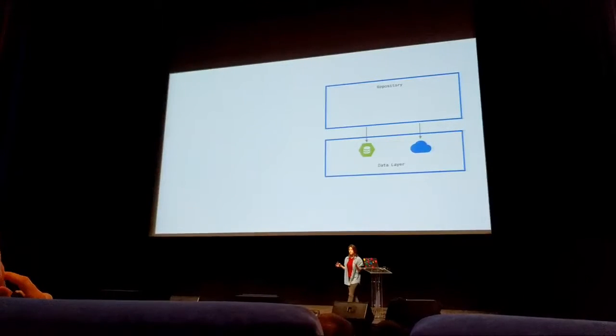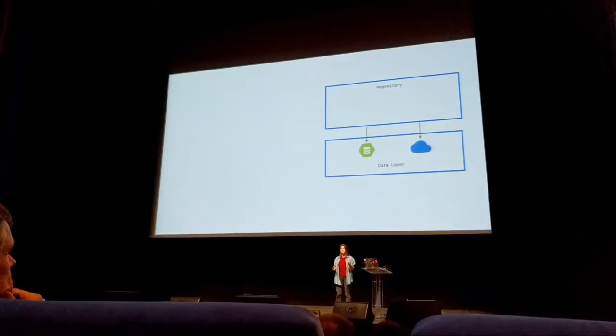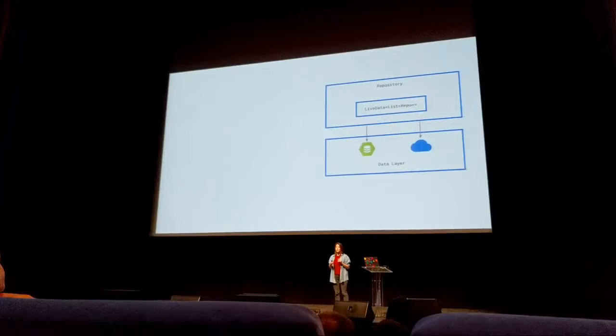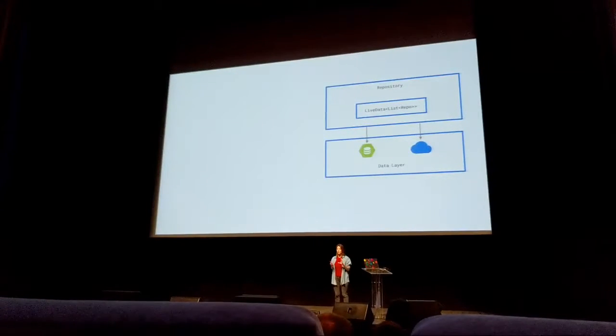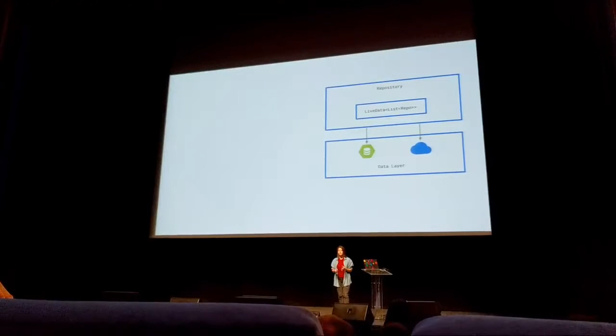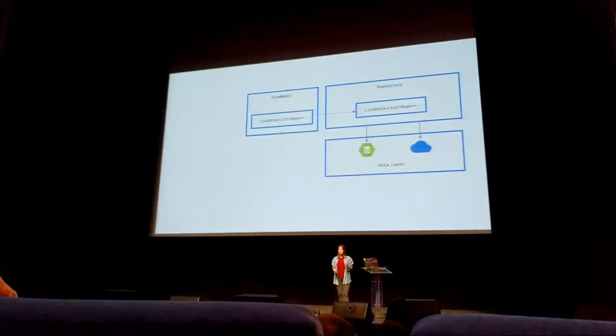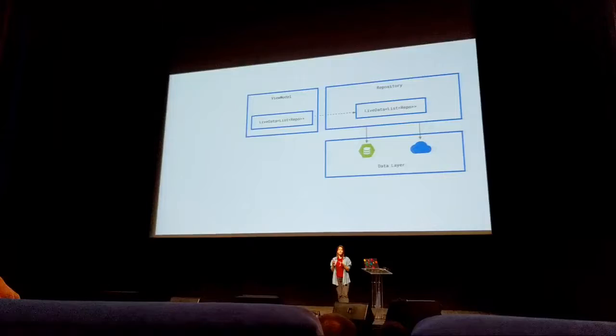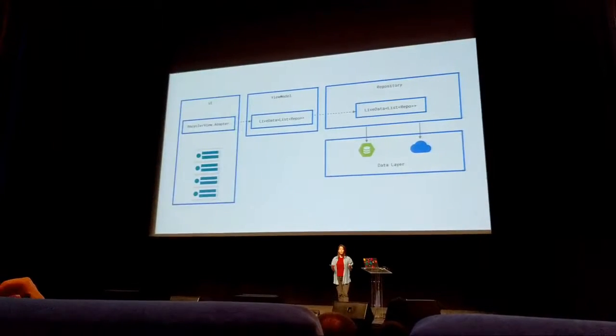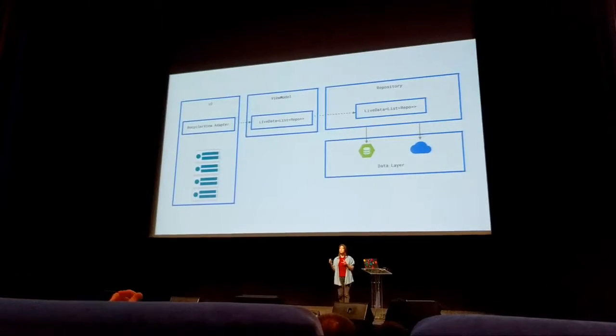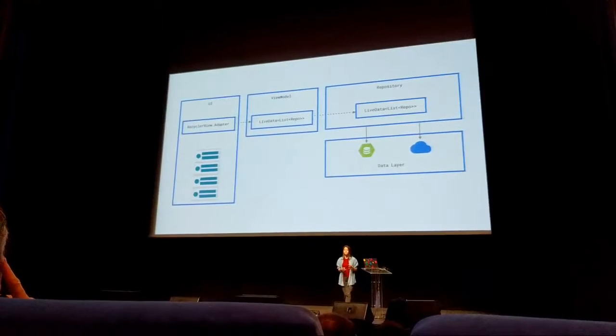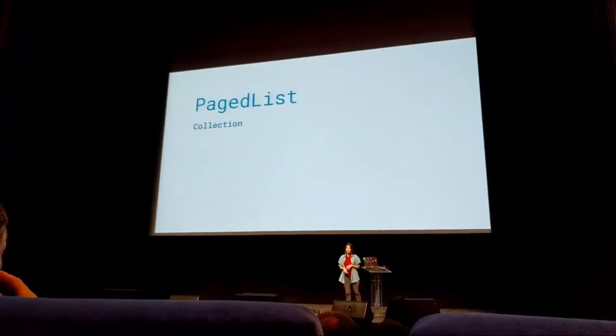We would have a repository that would work with a network and with a database. And then usually in our apps, we would expose live data of a list of repositories. Then we would have a view model that works with that live data of a list of repos. And then a UI that is in charge of displaying that list, so it will have a recycler view adapter and an actual recycler view.